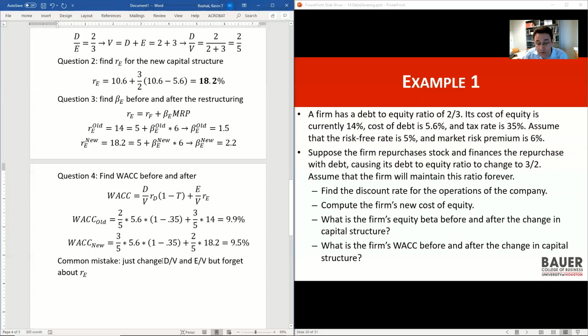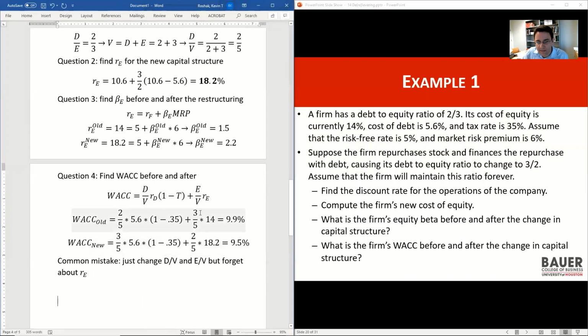When you change your capital structure, we know from Modigliani-Miller 2 and the rest of the capital structure slides, we know that the discount rate on the equity has to change. And so you can't forget about that. Someone's going to make that mistake. We should have at least 3 things change. Debt to value changes from 2/5 to 3/5. Equity to value changes from 3/5 to 2/5. And then the discount rate on the equity changes from 14 to 18.2. You should have at least those 3 things changing.